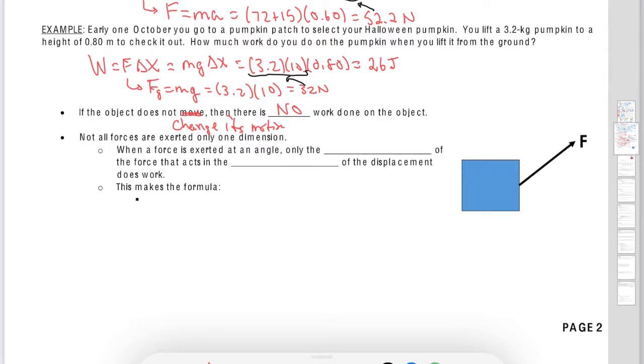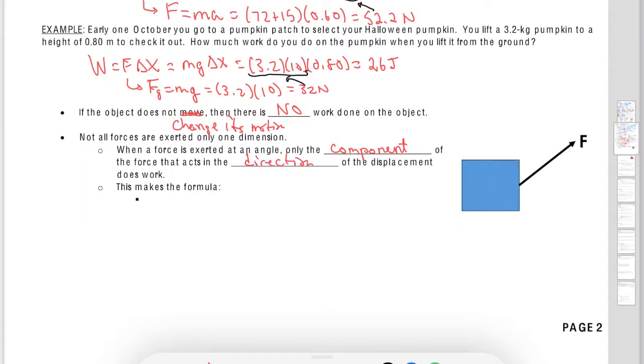Now, one thing is that the equation we talked about before is just in a one-dimensional sense, but a lot of times forces don't act in one dimension. So the way you have to think about it is when a force is exerted at an angle, only the component, the piece of the force that acts in the same direction as the displacement, does the work.